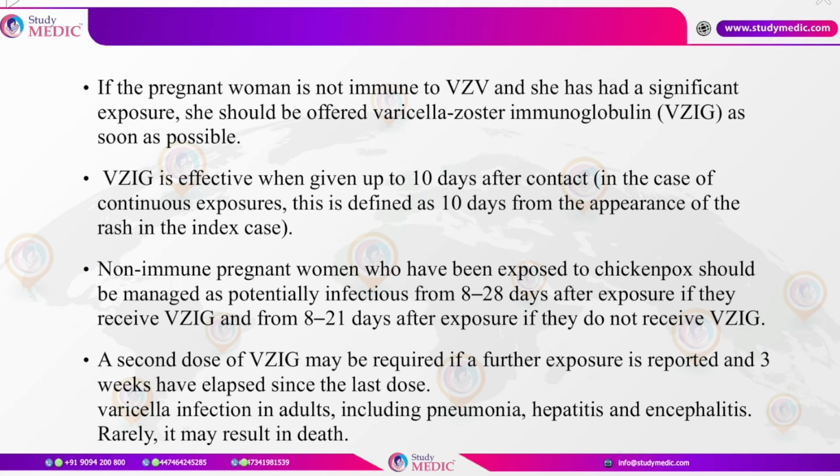Understand, if immunoglobulin is given, it is 8 to 28 days, and if it is not given, then it is 8 to 21 days, which is considered the period of infectiousness. A second dose of varicella zoster immunoglobulin may be required if further exposure is reported and 3 weeks have already passed since the last dose.